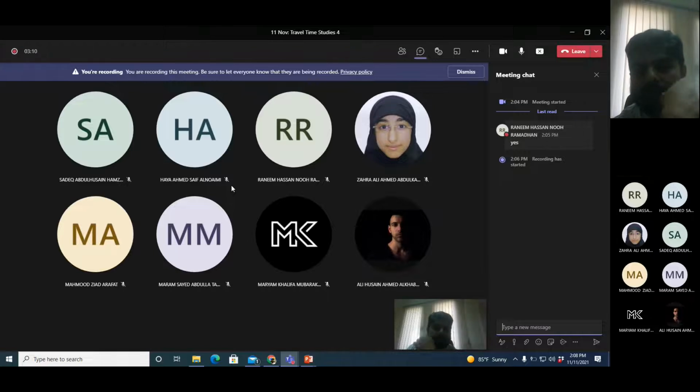Travel time studies should be done over a length of less than 1000 feet. What's the problem with this statement? How can we correct it? Can you give me the correct word here?